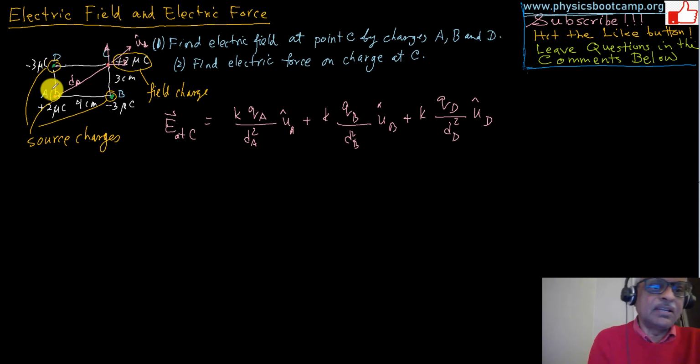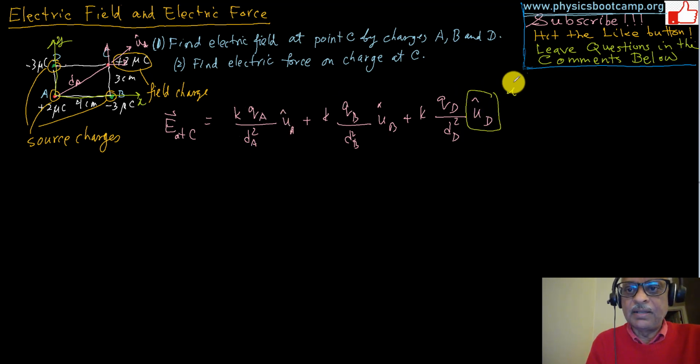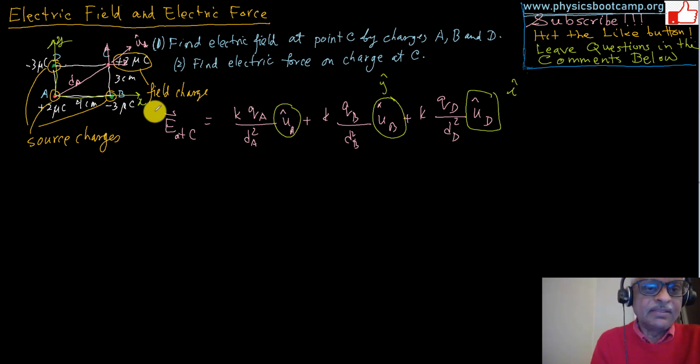Now if we use an XY coordinate system, let's call this Y and this guy X, then this guy will simply be I hat, this guy will simply be J hat, and this guy, you can work it out, goes 4 this side and 3 this side, and this is 5 centimeters this side. So this will simply be 4 over 5 I hat plus 3 over 5 J hat.